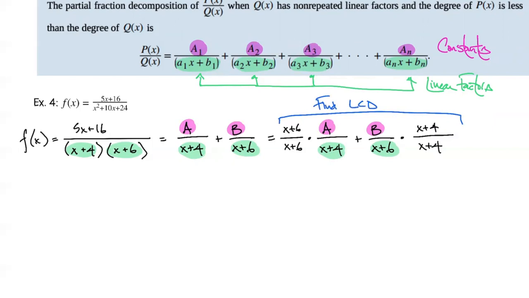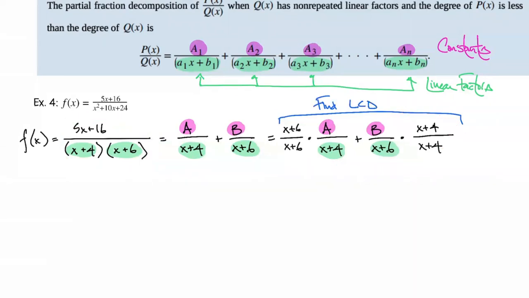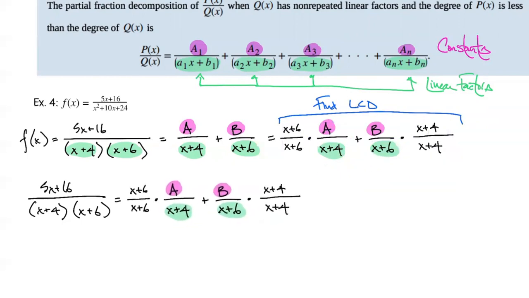Now here's what we have. We're going to grab this first part, 5x plus 16 over the factors, and set it equal to that part. So we end up with 5x plus 16 over x plus 4 times x plus 6 equals, let's copy and paste that.